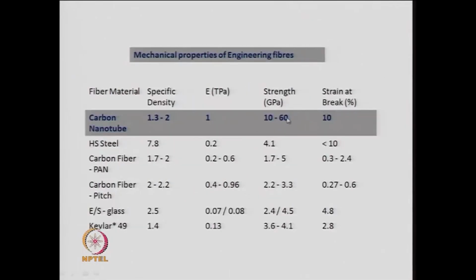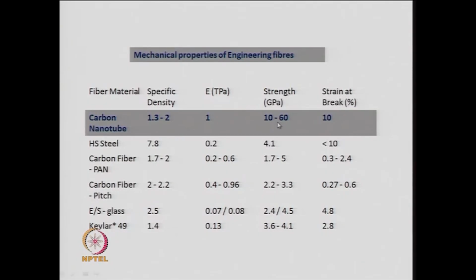You see carbon nanotubes have a strength of around 10 to 60 gigapascals, and the strain is 10%, which we just mentioned, and there is nothing comparable in any of these materials. So, extremely good mechanical properties compared to all known materials used in engineering today.